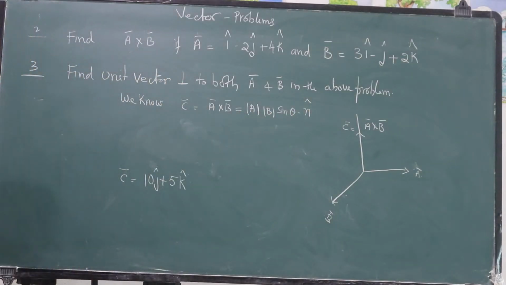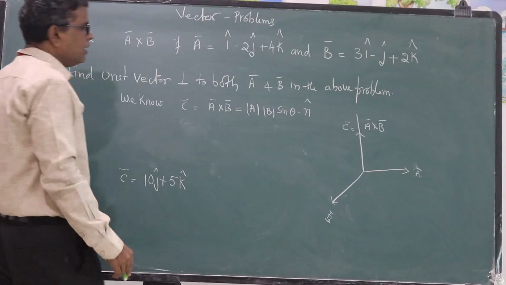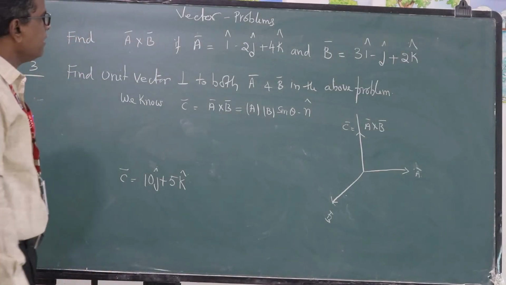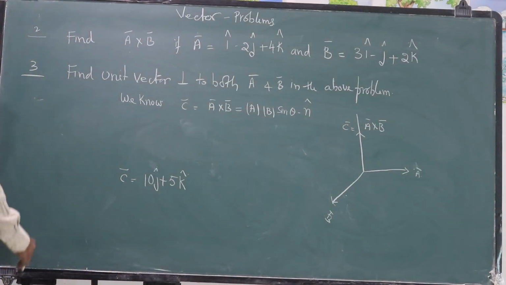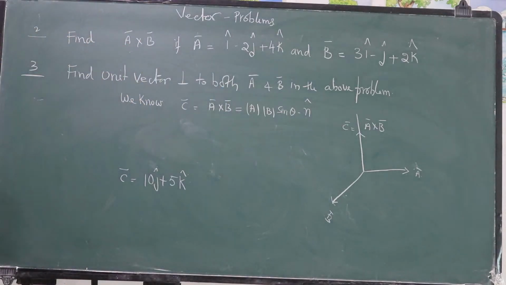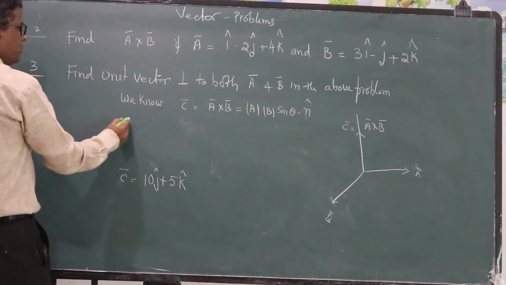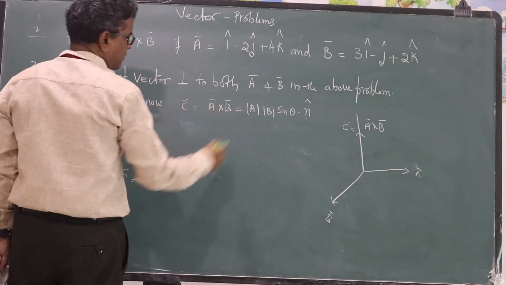We want n. So what is the angle between these two? Theta is the angle between A bar and B bar. We don't know it, so you find the angle between these two vectors. n cap is a unit vector perpendicular to both A bar and B bar.